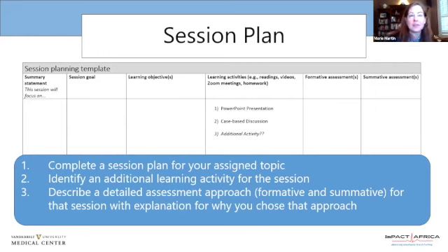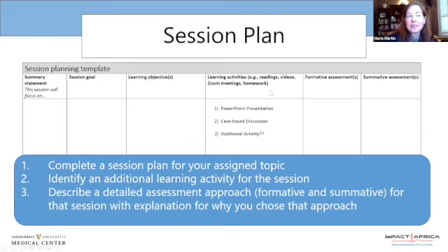I use this when I want to build out and align my course components. You'll see here, and Dr. Bond presented this on the first day as one of your deliverables, you have your summary session, and then you have your overarching goal or goals, and then you have your learning objectives that are intentionally tied to that goal.